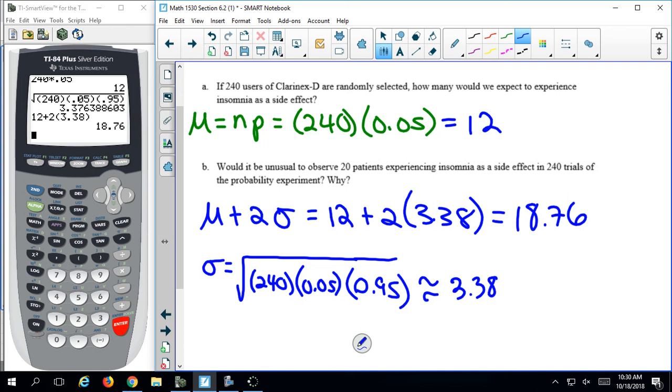So 18.76, anything above that we would say is unusual. So would it be unusual to observe 20 with insomnia? We're going to say yes, since 20 is greater than 2 standard deviations above the mean.